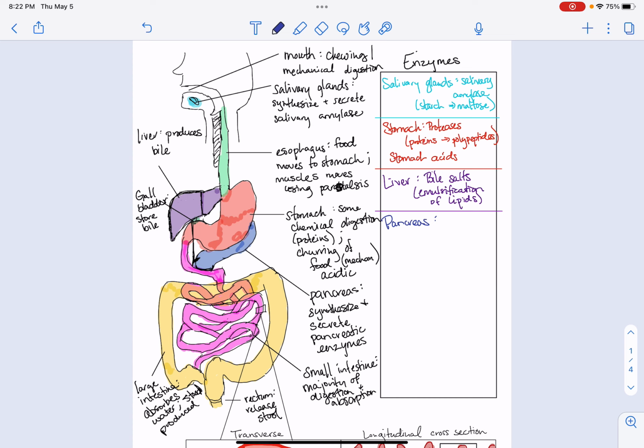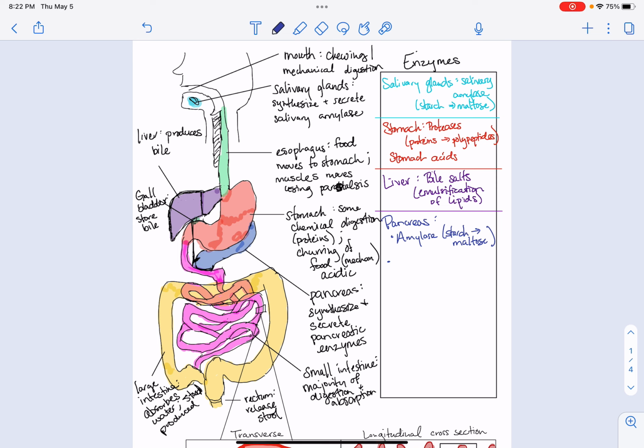We don't talk about the last one a whole lot, but we definitely need to know amylase, pancreatic amylase, which basically does the same thing as the salivary amylase. It is going to further digest starch, the starch that wasn't initially digested in the mouth, and it digests it to maltose.